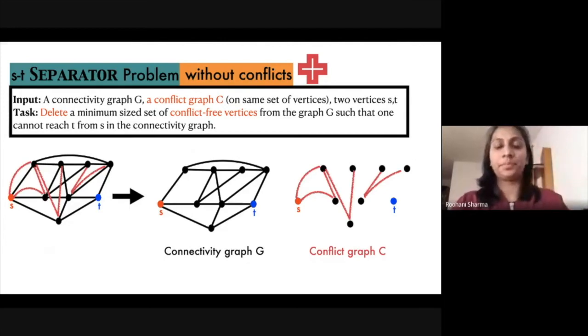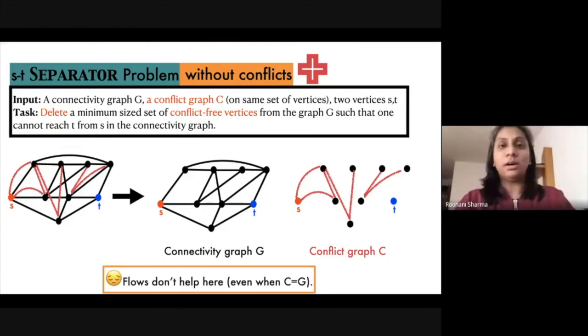And as I said before, forget reusing the ST separator algorithm for this problem. Even the ideas of flows do not seem to work to give solutions for this problem. And there's a fundamental reason why this happens, and the reason is the following.